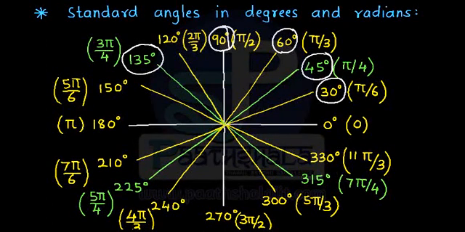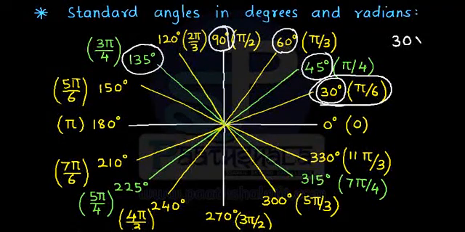The radian measures as well as the degree measures of all these angles are mentioned here. Just as an example, from where do we get 30 degrees is equal to pi by 6 radians? That is clearly from the formula that we have seen. So 30 degrees is nothing but 30 degrees into pi upon 180. That was the conversion formula for converting degrees into radians.